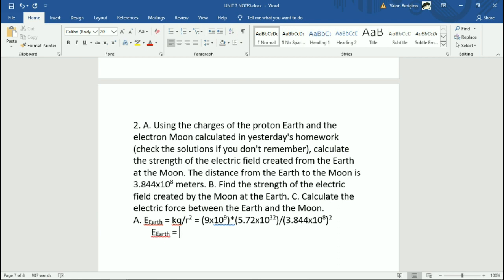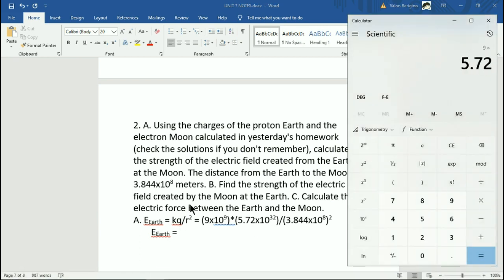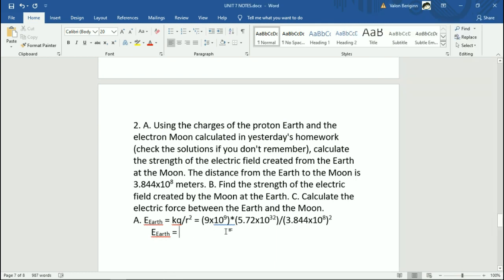Let's just look at the top part first. So we have 9 times 5.72, 51.48. Times 10 to the, let's see, 9 plus 32. I trust myself with that to be 41. However, because this is 51, I need this in correct scientific notation, so it's going to be 5.148 times 10 to the 42, divided by this squared.